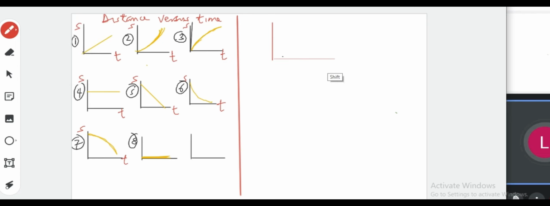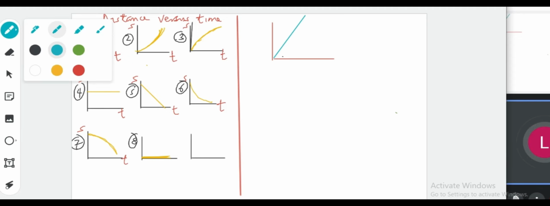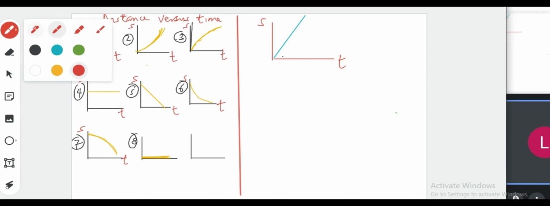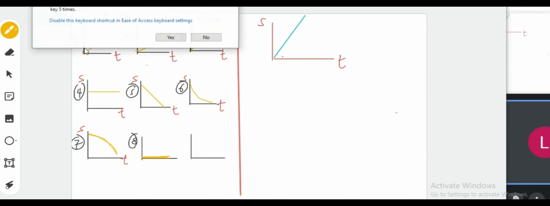Are you listening? Okay, look at this. If you have distance against time, what will the gradient give us?